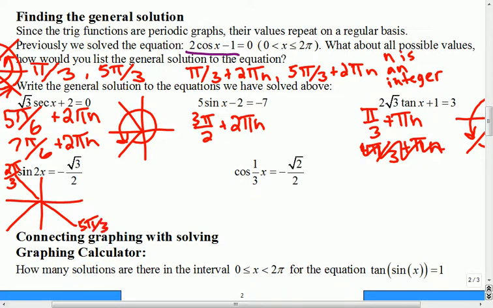The other ones were, let's see here, 11 pi over 6 and 5 pi over 6. So they would actually be in there as well. So there'd be like 5 pi over 6. Sorry, so that's 2 pi over 3. And this one here would be, say, 5 pi over 6 and 11 pi over 6.